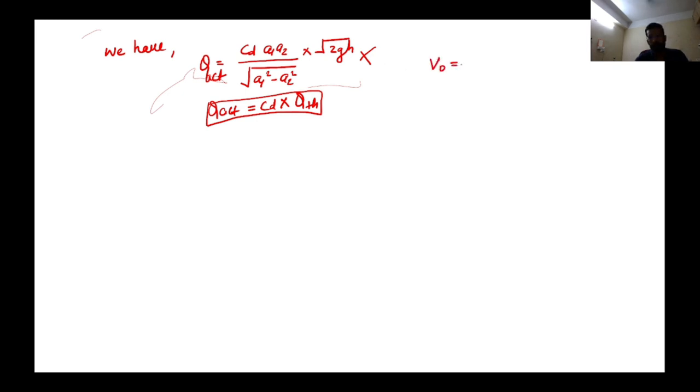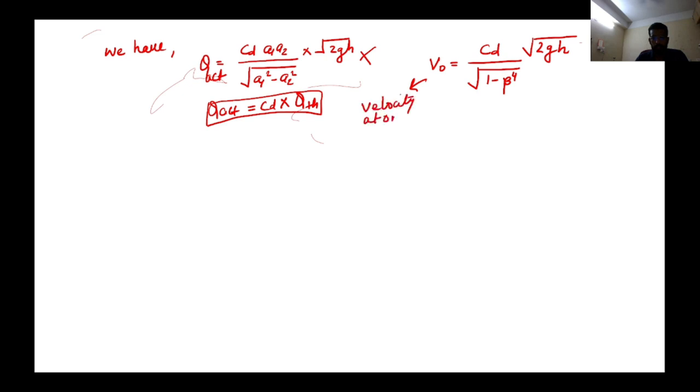Instead of this formula, use this: V0 is equal to CD upon under root 1 minus beta to the power 4, into root 2gh. V0 is the velocity at orifice.